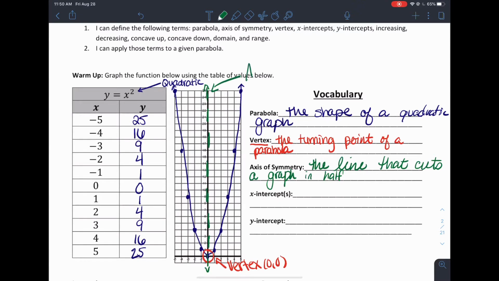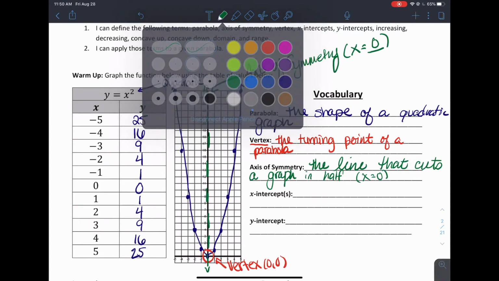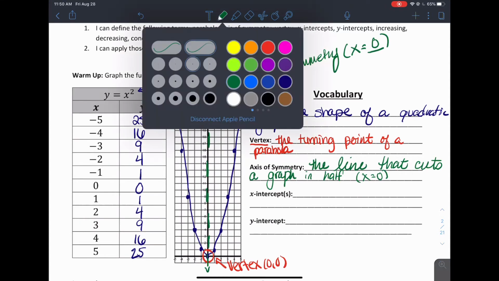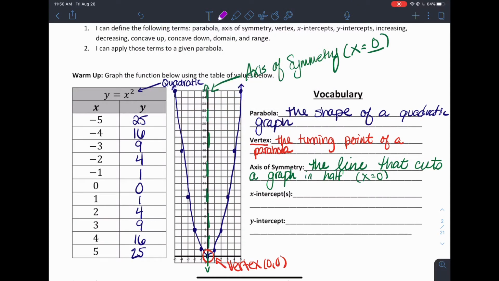This is my axis of symmetry. Remember, axis is just a fancy word for line. And it's always x equals some number. And in this case, 0, because that's my x coordinate here, right? So in our example here, it's x equals 0. We'll do some more examples of this in a second. So don't worry if you are not sure how that would apply to other graphs.